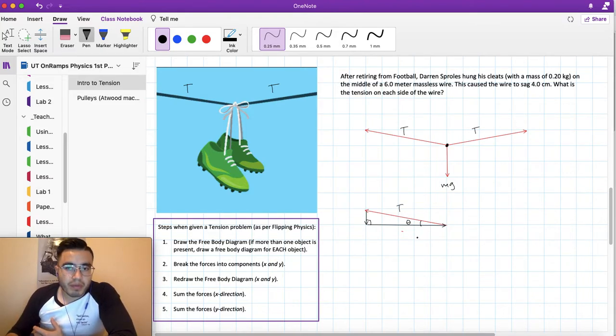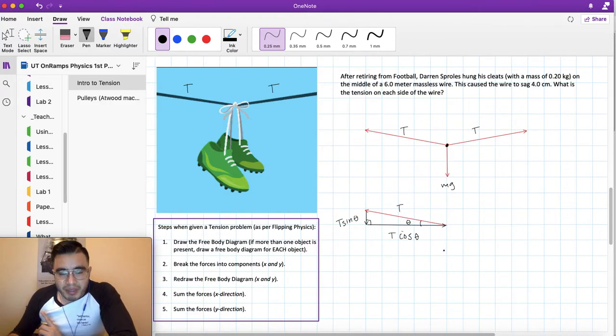Now, from our previous lessons, hopefully you remember that the component along the y, when we have a triangle like this, would be T sine theta. And the component along the x would be T cosine theta. That's based on trigonometry, and that angle theta is this one over here.